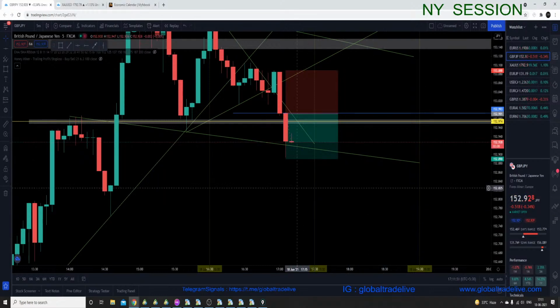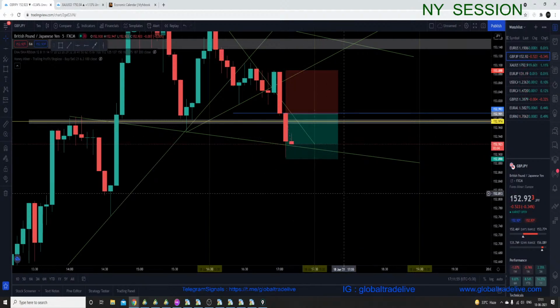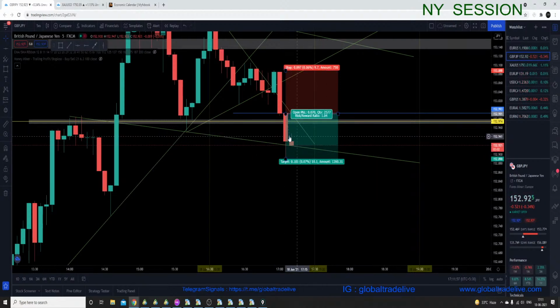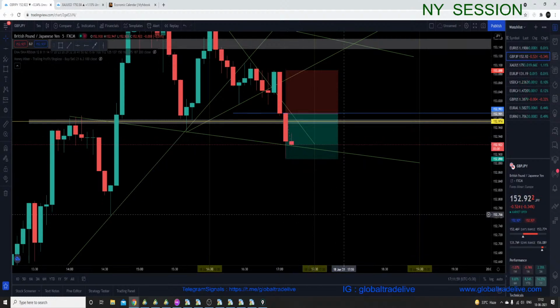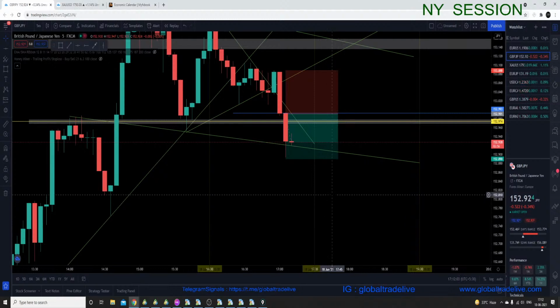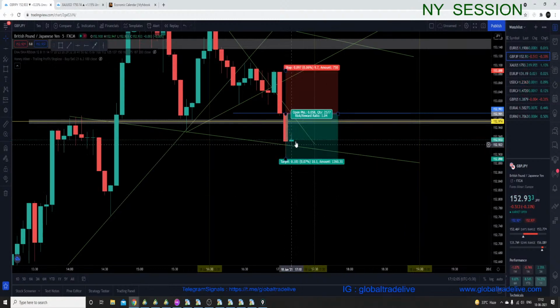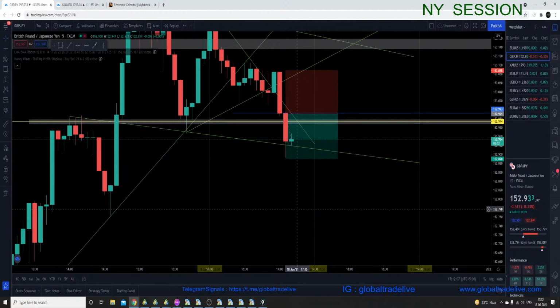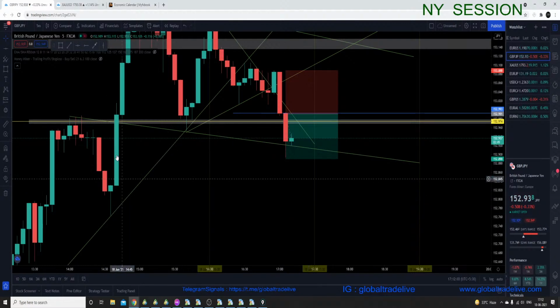I'm just hoping that this candle stays below, and this should be the upper wick of this candle. I'm expecting volume to go all the way down to fill this range.